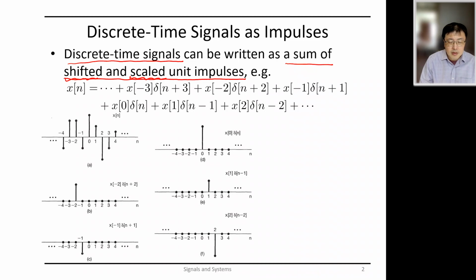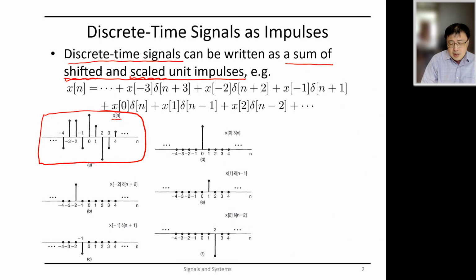So what does this mean? For example, suppose that this is the signal x[n] that we're interested in. You can see that x[n] is basically a superposition, or a sum, of all these values at different time instants. Each one of these can be viewed as a unit impulse at the corresponding time, scaled by the value of the function at that time.